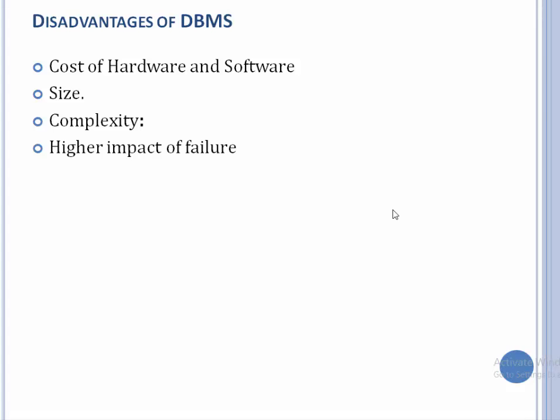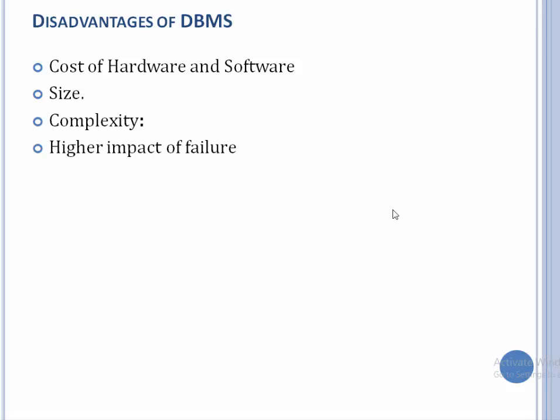We already saw the advantages of DBMS, and there are many. Besides these, DBMS also has many disadvantages. Here I listed some disadvantages of DBMS. First one is the cost of hardware and software.